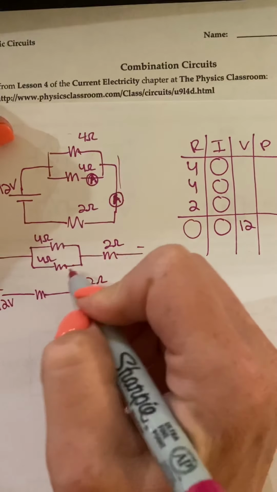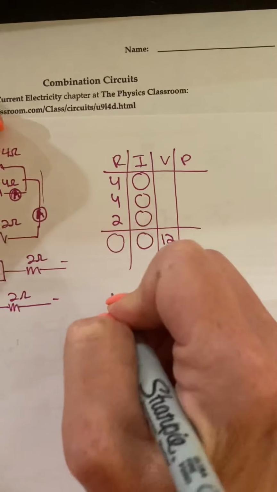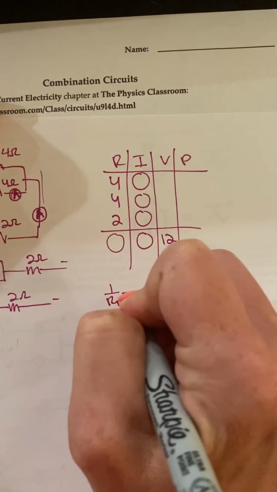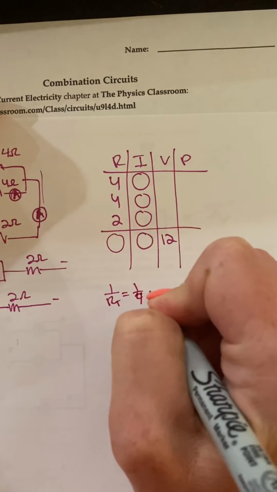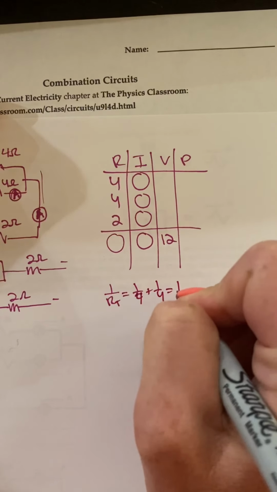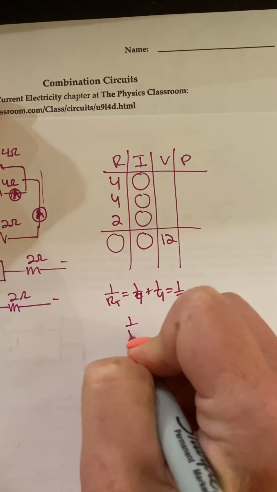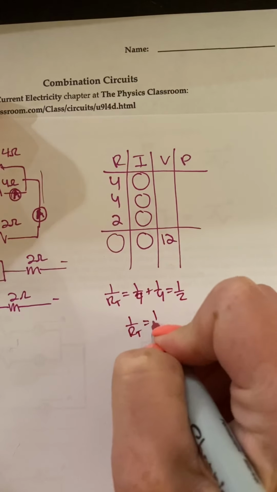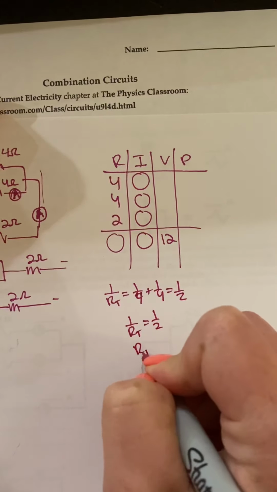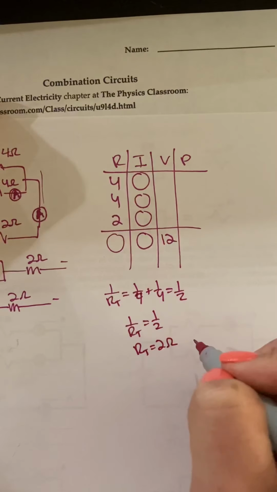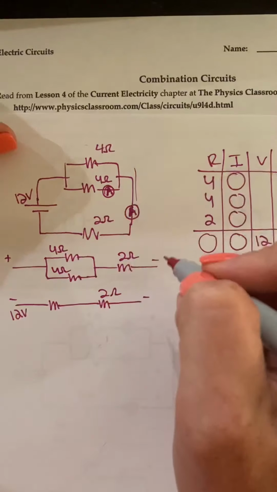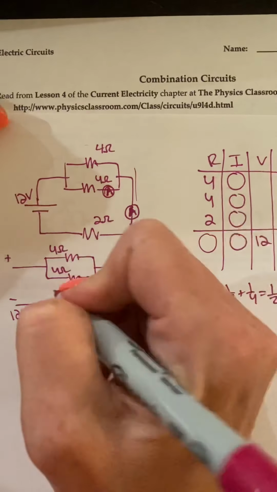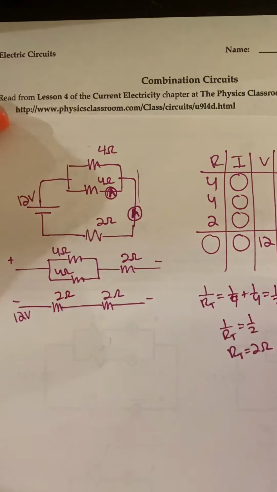So I'm going to find just the resistance for this section using our equation for resistance in parallel. 1/4 + 1/4 gives me a half, and I need to take the reciprocal of a half, which gives me 2 ohms. So if I were to take out this section in parallel and put in a resistor of the same resistance, it would end up being a 2 ohm resistor.